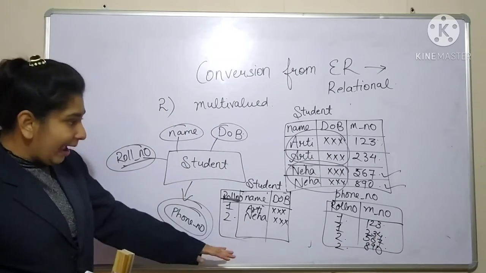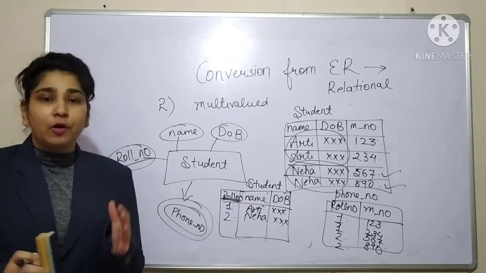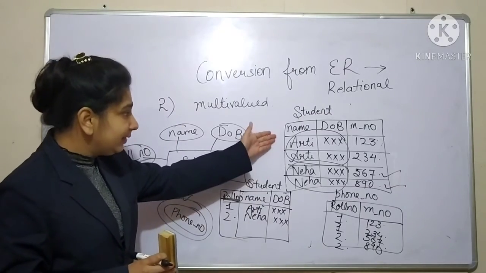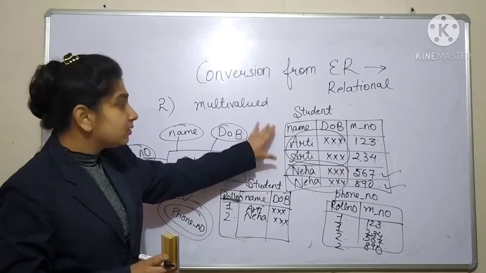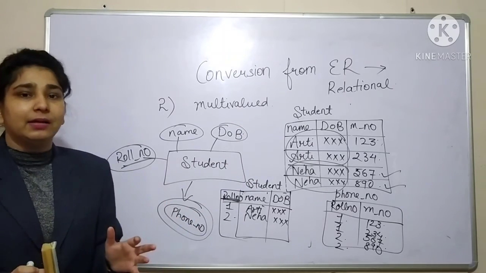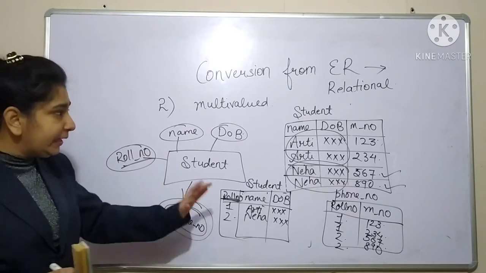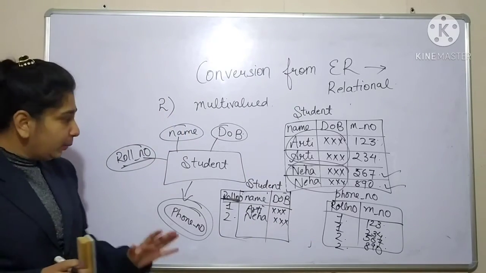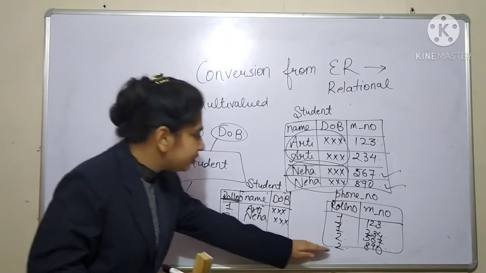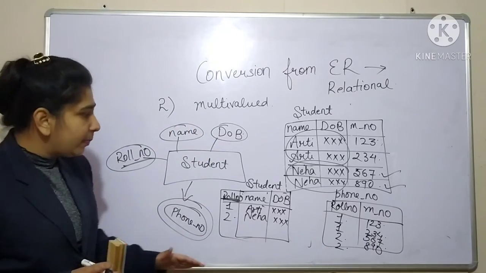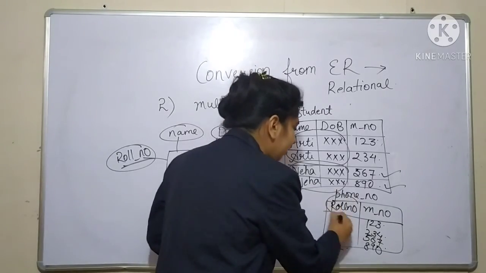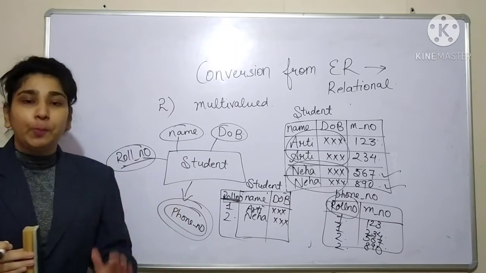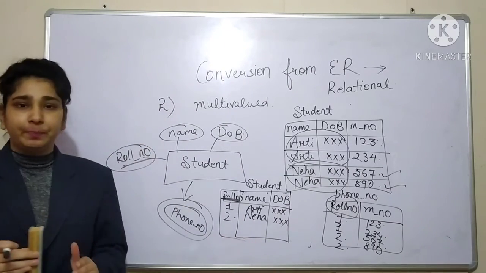So if you look at it, a very small amount of redundancy is there. If you look at this table, there was a lot of duplicated data. So what we did, we divided this table into two tables and we are making a relationship between these two tables with the help of the roll number attribute, and very little duplicacy is there.